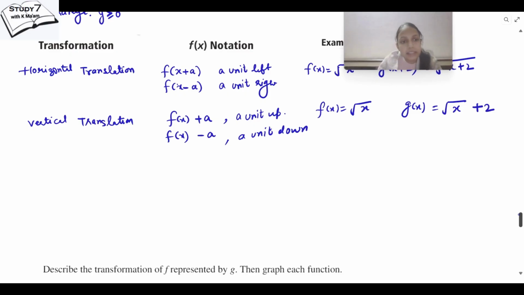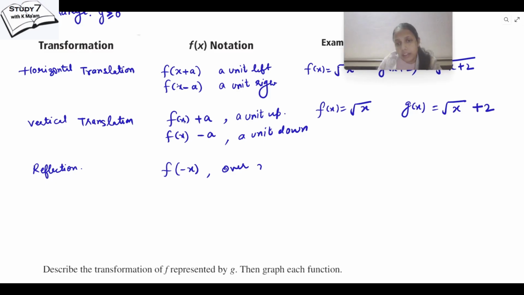Next is reflection. Reflection is of two types, reflection in x or reflection in y. If f of x changes to f of negative x, that means x is changed into negative x.